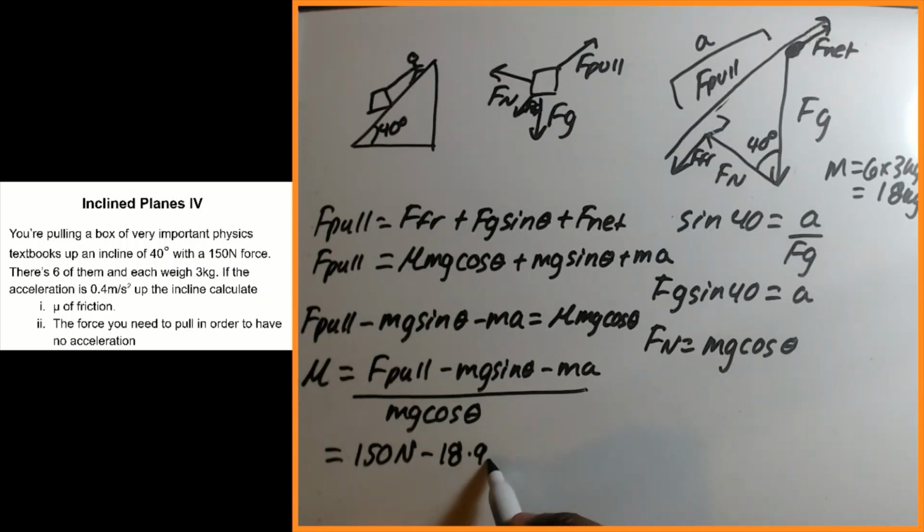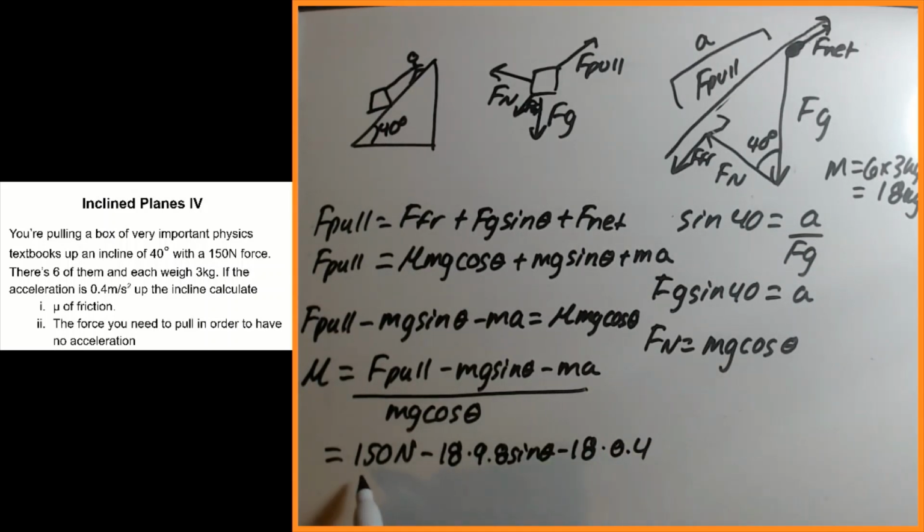I'm just going to avoid taking up too much space, so I'm going to just write the number rather than the units. So 18 times 9.8 sine theta minus 18 times the acceleration 0.4 all over 18 times 9.8 times cos theta.